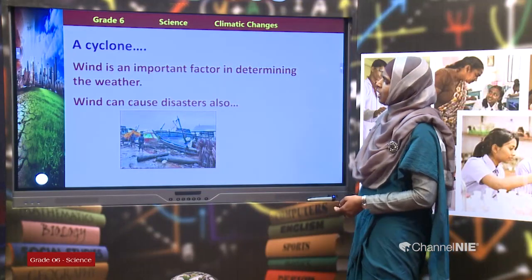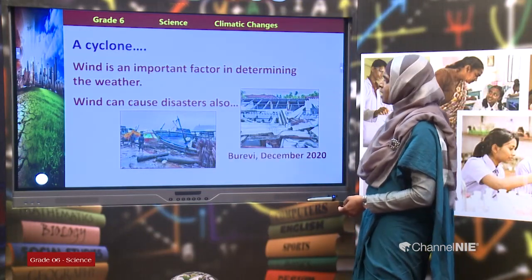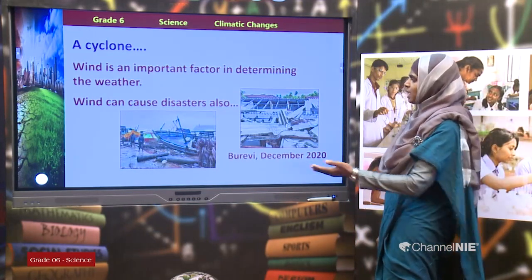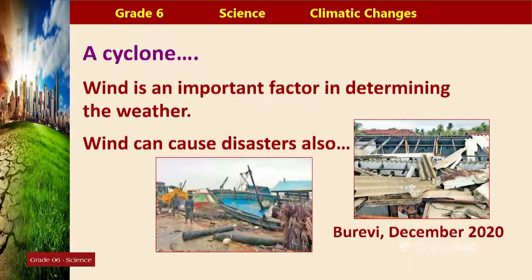Let's see how much of a disaster it could cause. These are some photographs taken of the disasters occurring due to a cyclone. So, you can see how much destruction occurs in properties, and it might cause destruction in human lives as well.